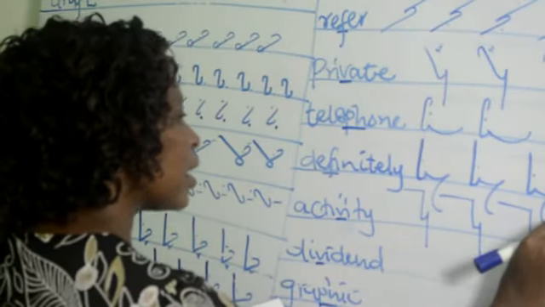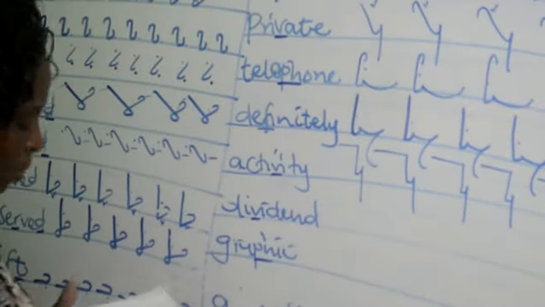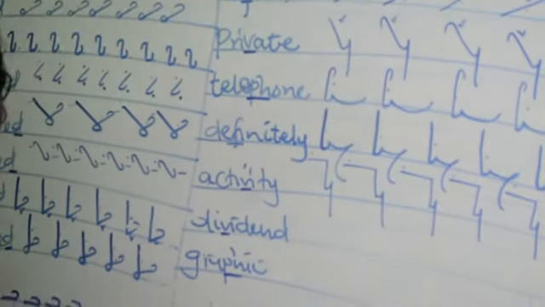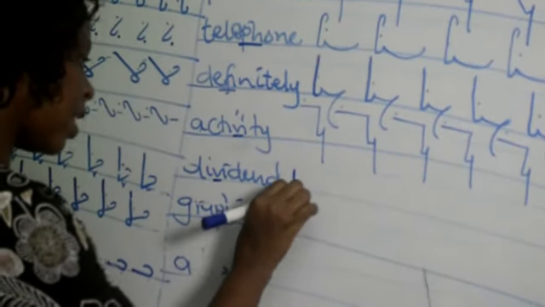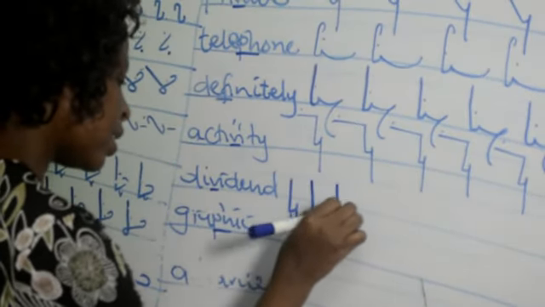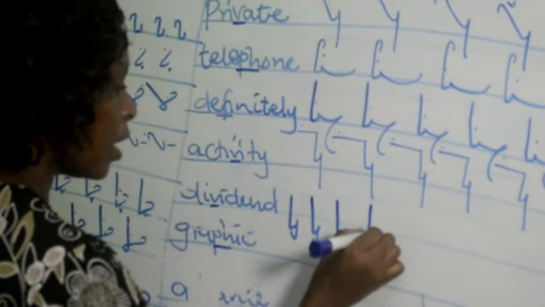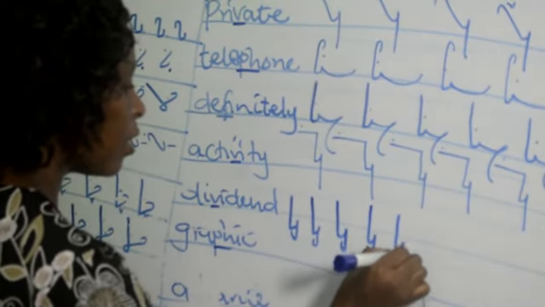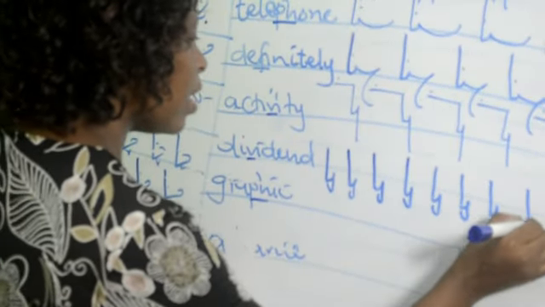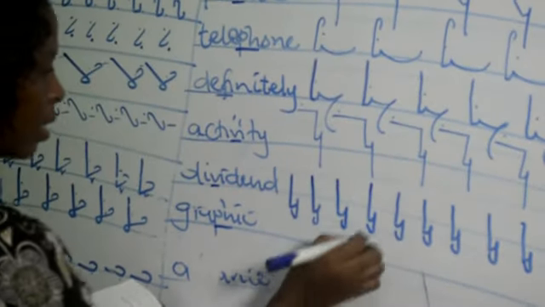This one is above the line because of short A. We also have the word dividend, dividend. I have the D for the following D, dividend. That is how we treat the word dividend.